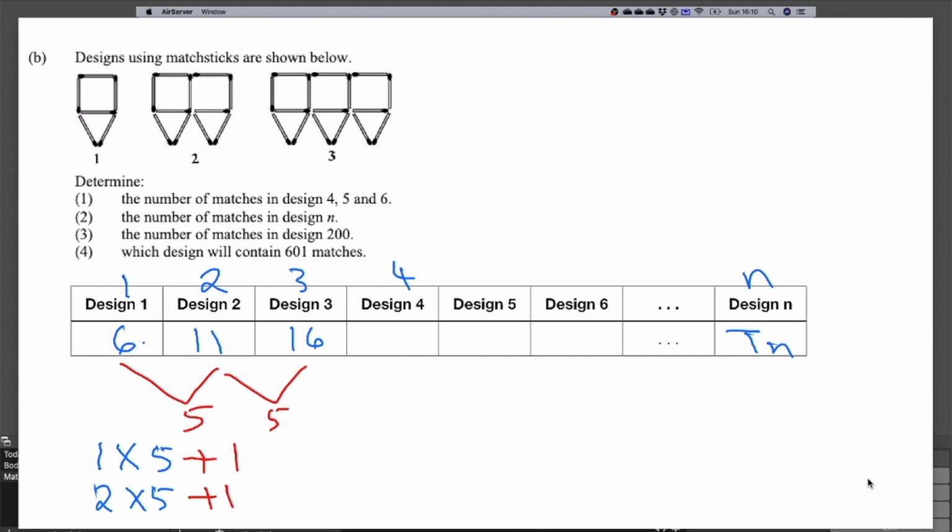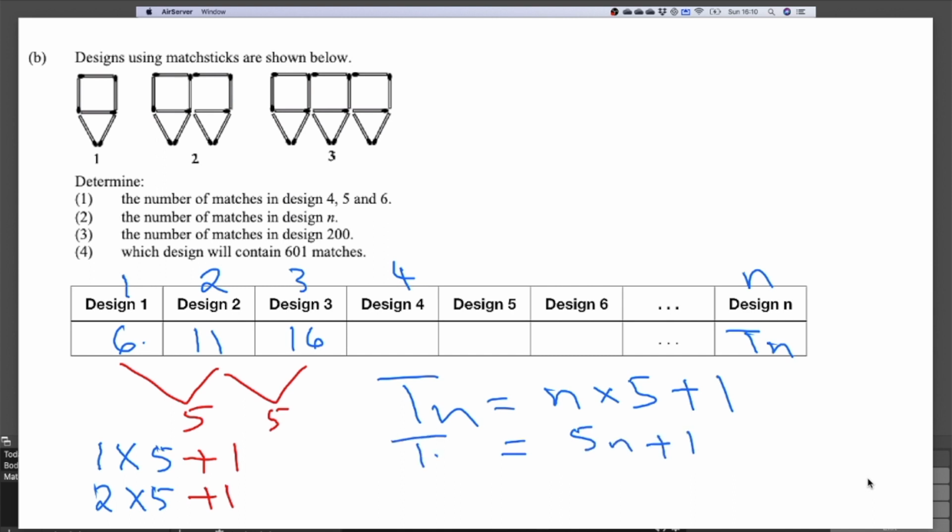Then 15 plus 1 will give you 16. So what this means then is the general term, which is Tn, should be given by the position multiplied by the constant difference plus 1, because that is what we are doing for the others. And so the answer should be 5n plus 1. All right.